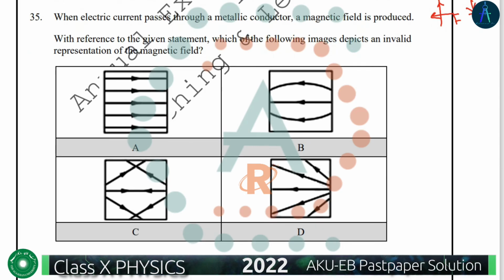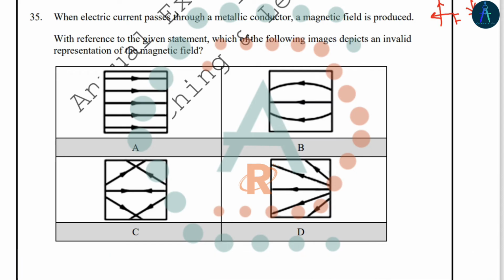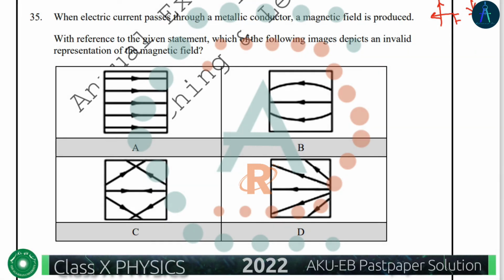Question number 35. When an electric current passes through a metallic conductor, magnetic field is produced. With reference to the given statement, which of the following images depicts an invalid presentation of electric field?